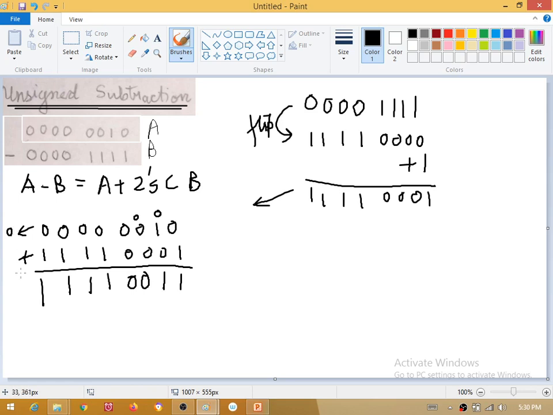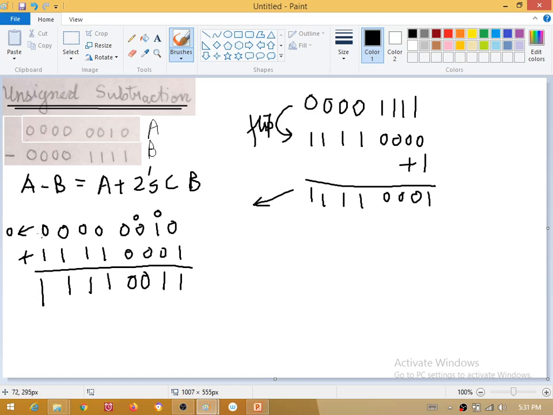The value of the carry is 0, which means that when we are doing unsigned subtraction, follow it as a rule that if the carry generated is a 0, then we need to take the 2's complement of our current answer and artificially put a minus sign in front of it.